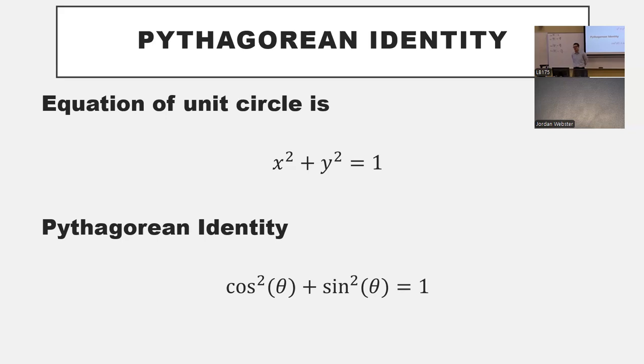So cosine squared of an angle plus sine squared of the same angle has to equal 1. And because of the wrapping function, that's going to happen no matter what angle I put in there.